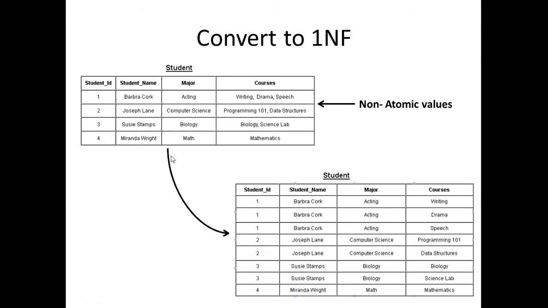As you can see here, what we've done with Barbara Cork, who has these 3 courses, writing, drama, and speech, we've broken this up into 3 separate records. So we have 1 record here, 1 record here, and 1 record here. And as you can see, we have courses in their own separate cells. So this is a way of converting a table with non-atomic values into a table with only atomic values.